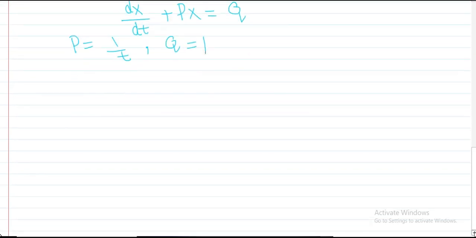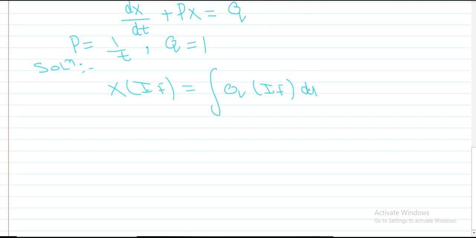We know that the solution of such an equation is like this: x into integrating factor equal to integral of q into integrating factor dt, plus constant. Right?